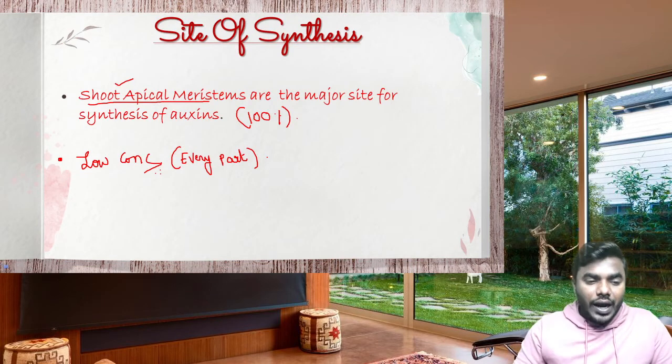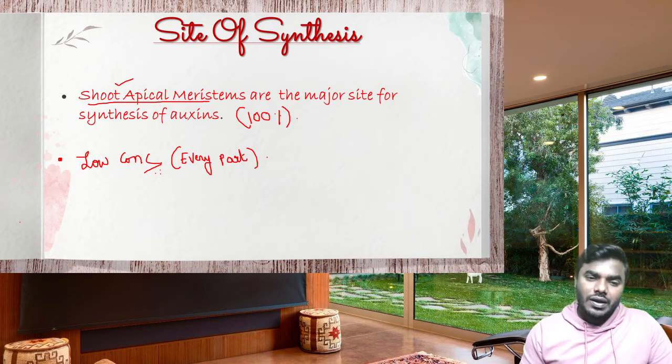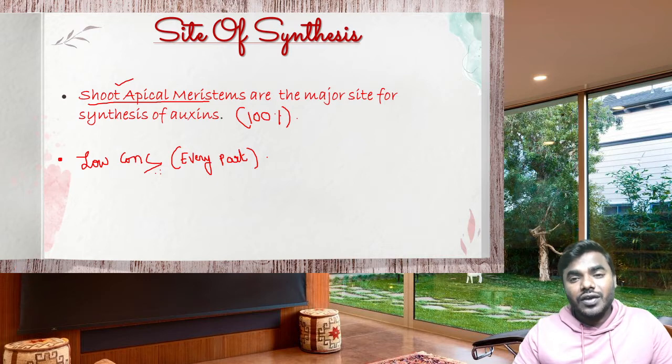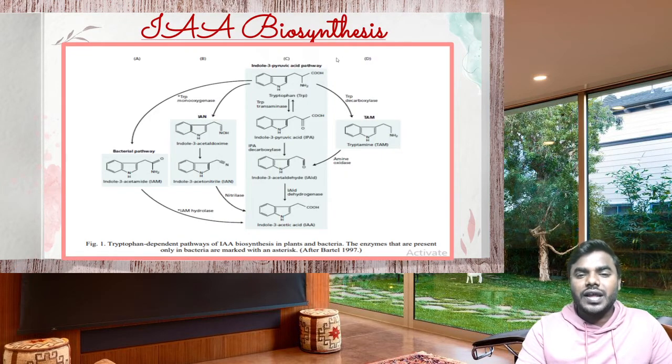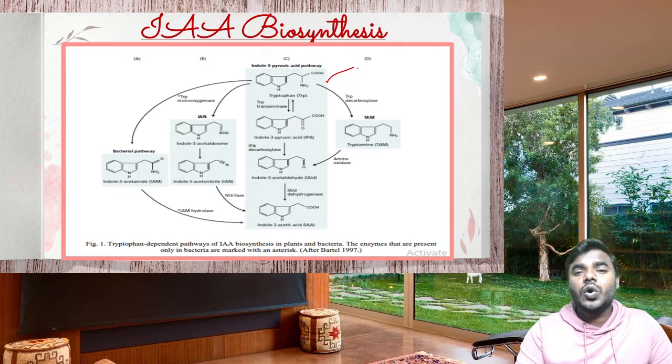Okay, now once again, the question was asked in the exam: which of the following can act like a precursor for the biosynthesis of auxin? I want every one of you to remember, friends, auxin is an indole derivative. You are able to see here, it's an indole derivative.